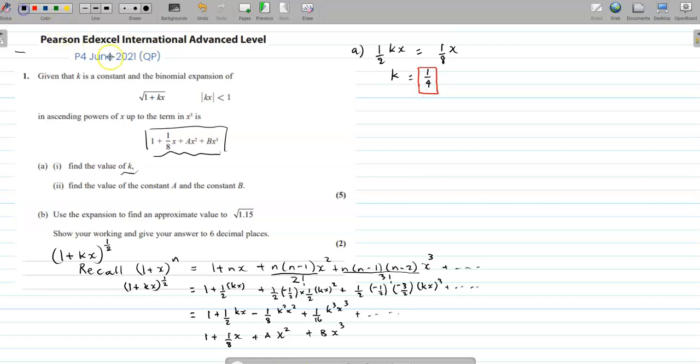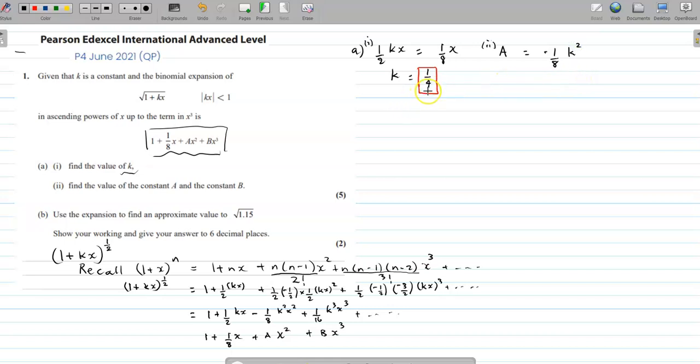Now let's look at the other part of the question. We want to find the values of the constants a and b. Again, the x squared here would cancel out anyway. So a is equal to minus 1/8 k squared.